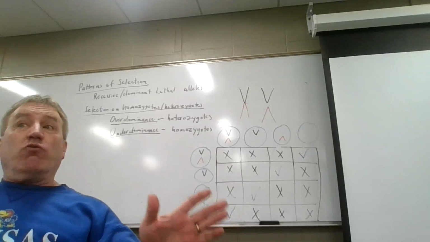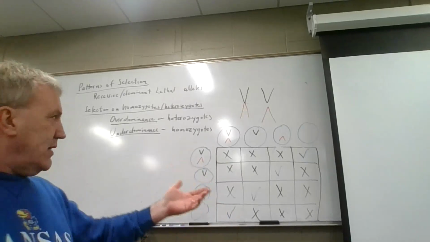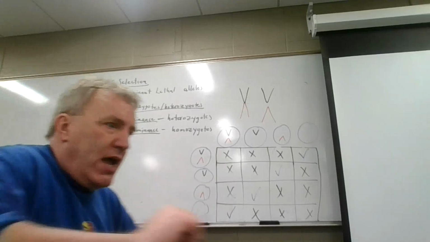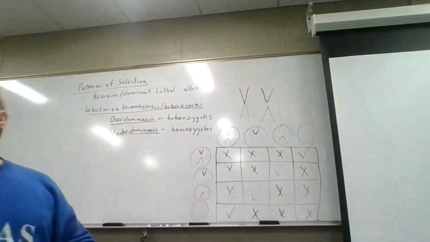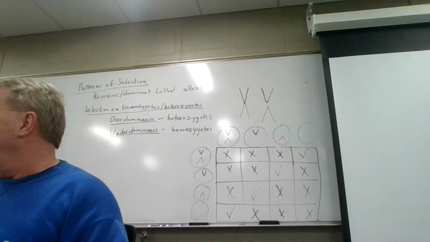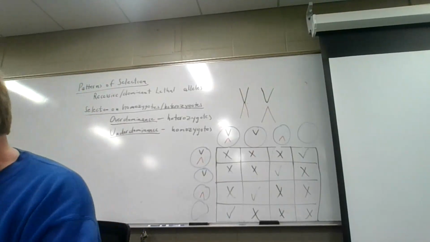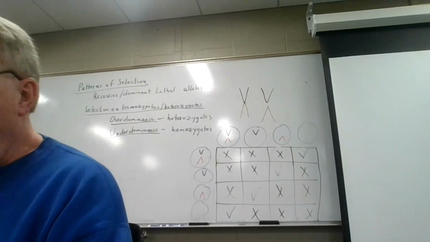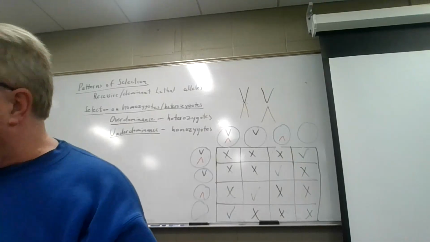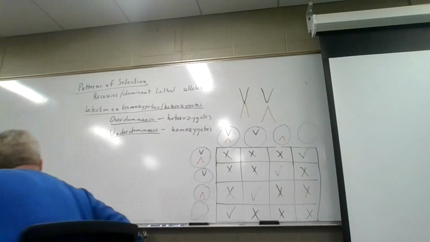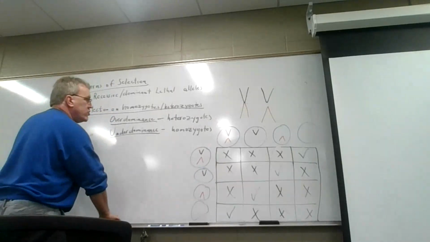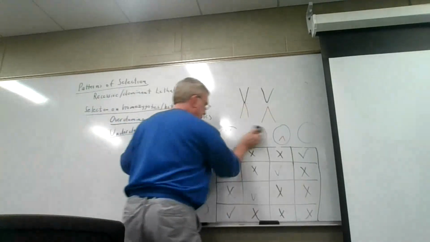Because it really does show you try to mate these with something different and they ain't going to produce anything viable. They can only mate with individuals with the same genotype to get viable offspring. Okay. You with me? Okay. So there's that. That's an example of underdominance.